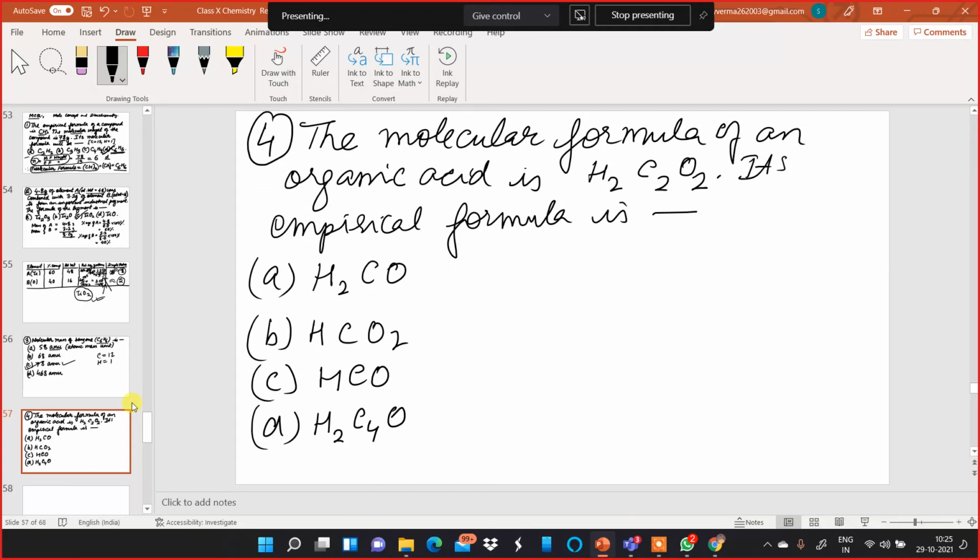So these are the 4 options. What is the empirical formula of this acid?